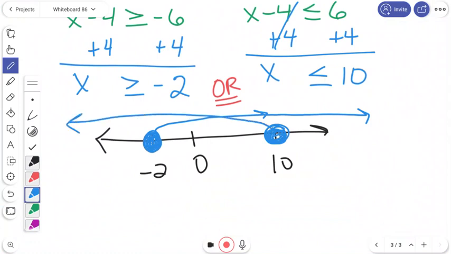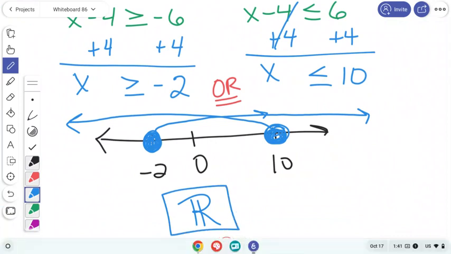This is an or problem. We don't have to have overlap. So as you can see, because they don't have to have overlap, we're essentially shading every single number on the number line. So for this problem, our answer is all real numbers. And of course, you can write out the symbol or you can write out the words. Either way, I don't care.